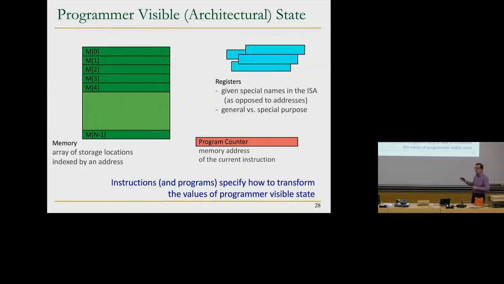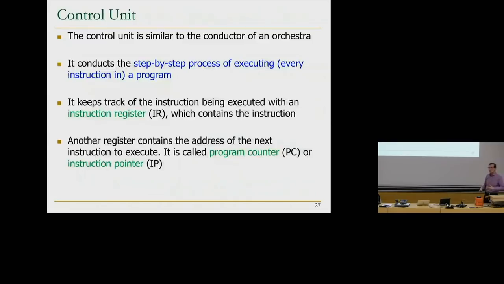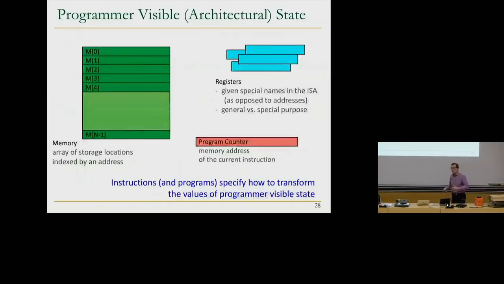Instructions and programs specify how to transform the values of the programmer-visible state. An instruction is essentially a transformation that you do on this state. Actually, if you look over here, you don't see the instruction register, right? The instruction register is hidden from the programmer. The programmer doesn't know what that is. The programmer knows which address is the current instruction that's executing, what is the state of all memory, and what is the state of all registers.